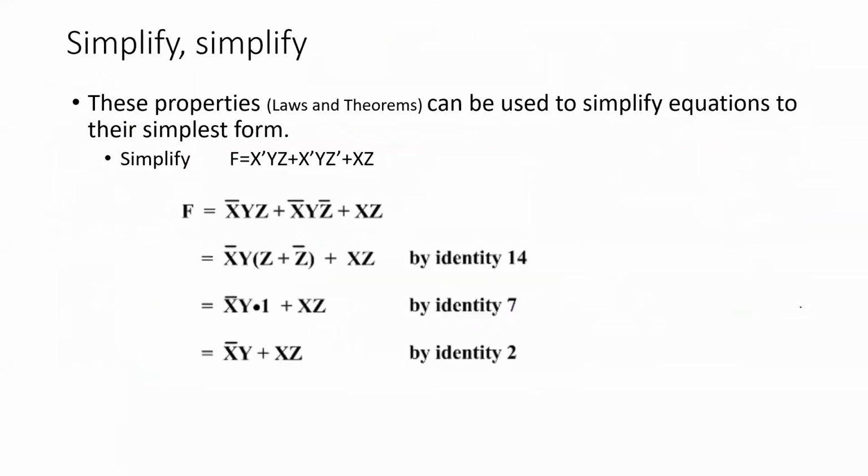In that case, there is a need for some other technique, and that technique is called Karnaugh Map. The proposal was given by Karnaugh, and these days this particular technique is called K-map.